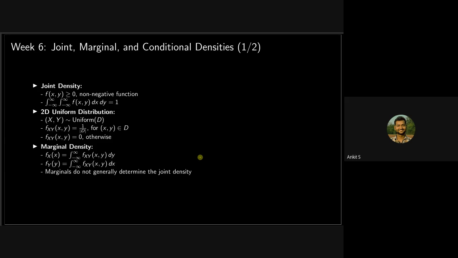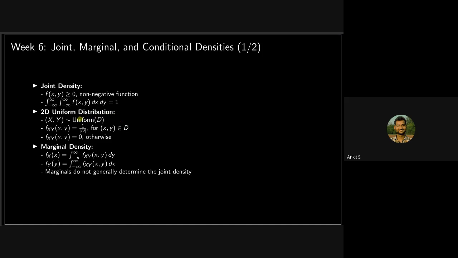So that's what we do in week 6. Joint density is simply the PDF when we consider the occurrence of both of these random variables together. In this case, there comes the concept of double integration. This makes it a little challenging for some students, but this was pretty doable.